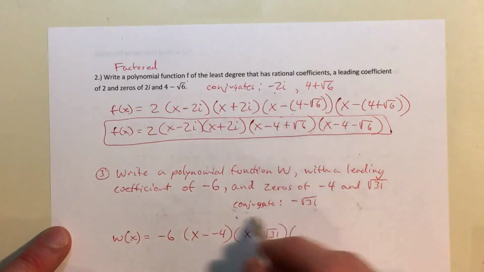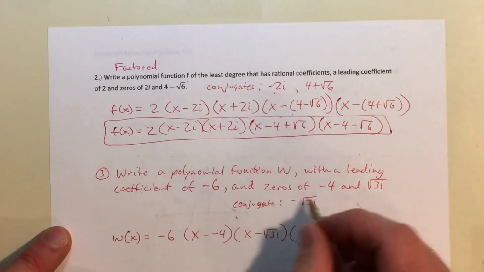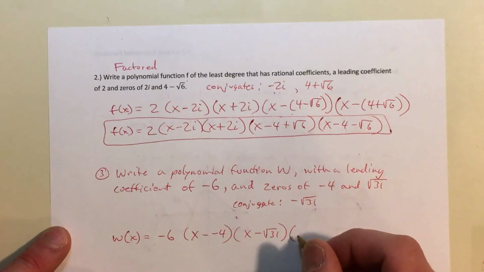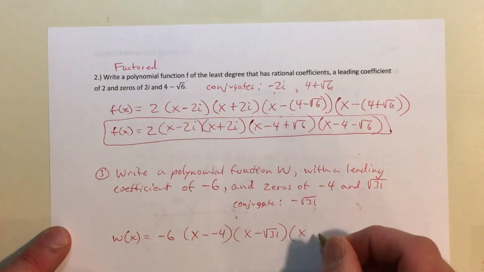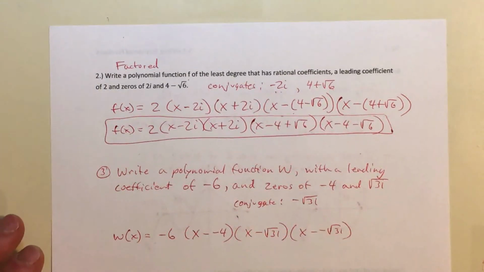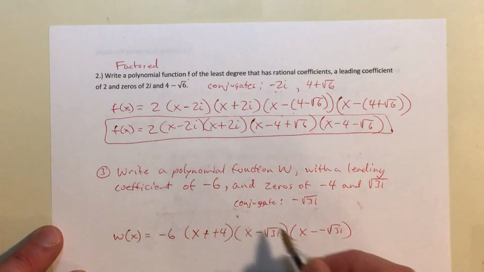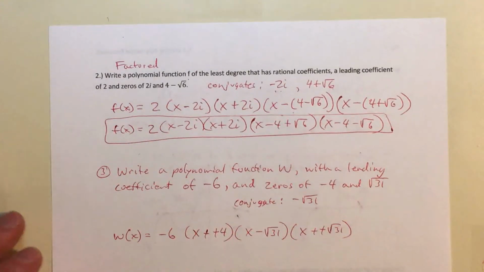But we've also got our conjugate for our 0. I'm sorry, we've got a factor for our conjugate. So we got x minus negative square root 31. And from here, we can realize we're going to be adding the opposites right there.